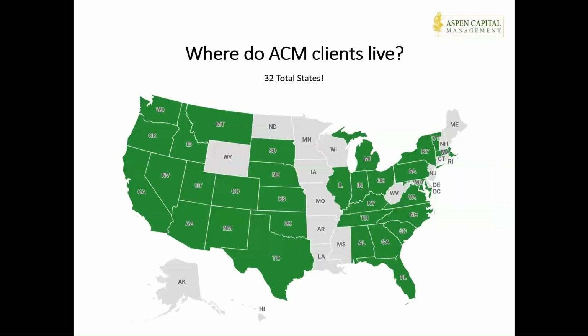So I will just finish this section by saying 1 billion is not the end point, it's just the beginning. We now have clients in 32 states. The intersection of portfolio management, financial and tax planning has never been more complex in your lifetime, or your sister's lifetime, or your brother's lifetime, or your neighbor's.